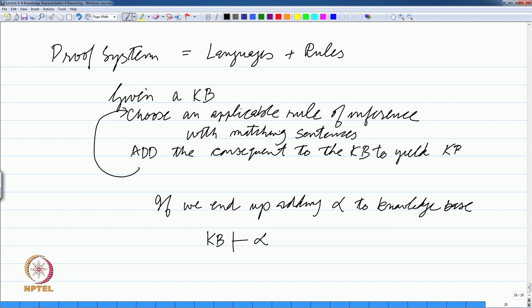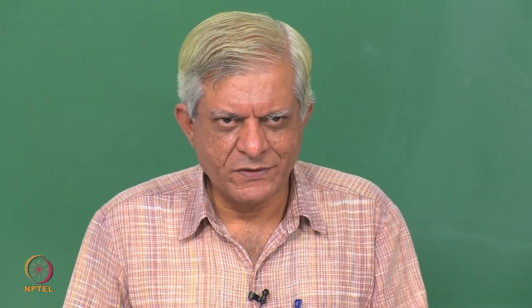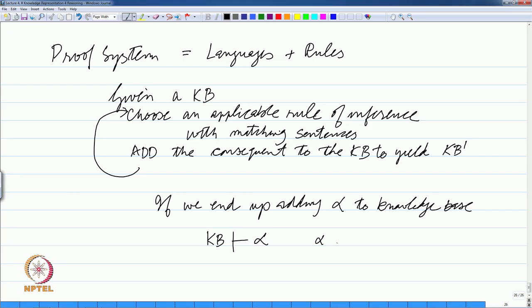Just to separate the fact that KB is the original knowledge base that you started with, and then if you can apply a succession of rules of inference and produce this formula alpha or add it to the knowledge base, then we say that alpha can be derived from the KB, or alpha can be proved. So, given the KB, we can produce alpha and add it to the knowledge base.